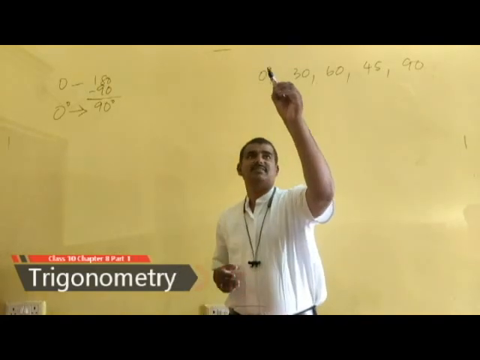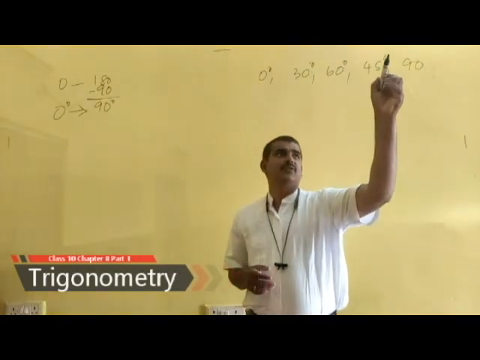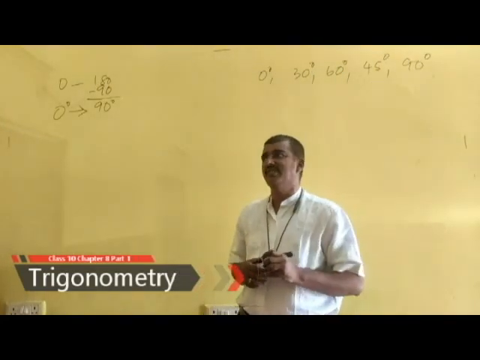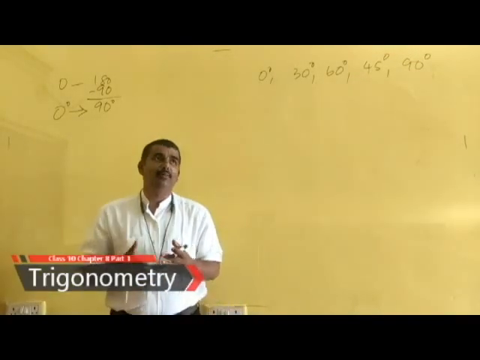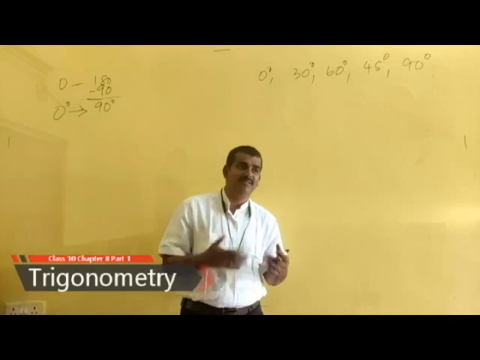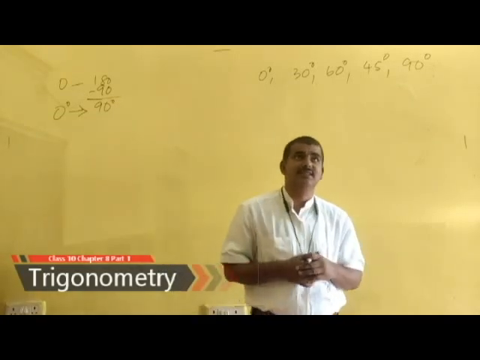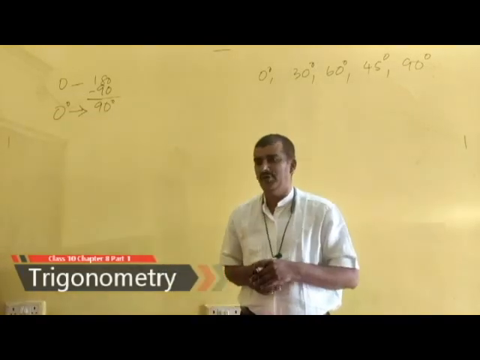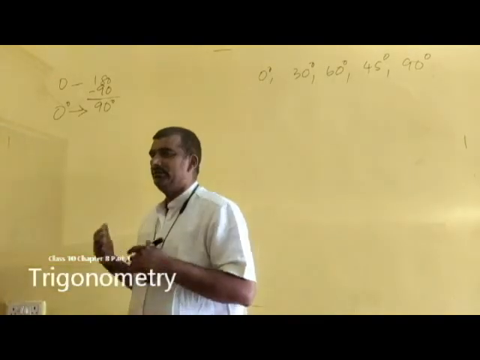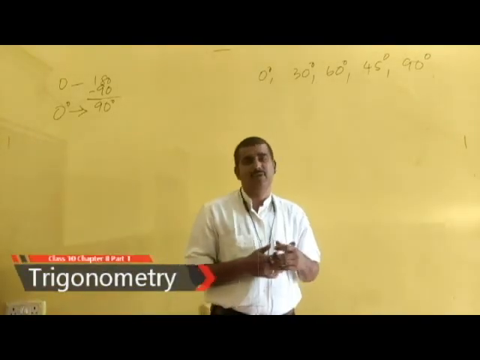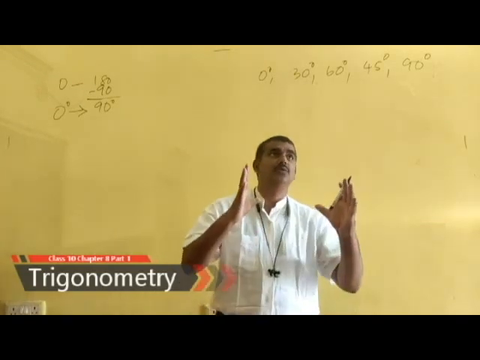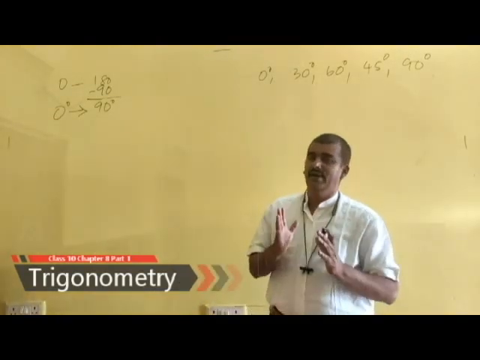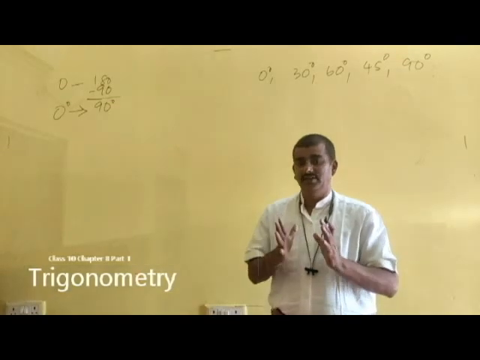These are the specific angles which we must concentrate upon in your syllabus. So what will be sine 0? What will be sine 60? What will be sine 30? What will be sine 45? What will be sine 90? Those values we will use for your further exercises. So how can we derive these values? That we are going to see now in this session.